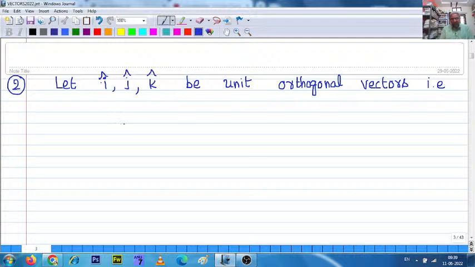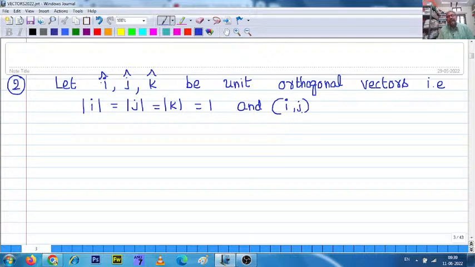Being unit vectors, modulus of i is equal to modulus of j is equal to modulus of k is equal to 1 unit, and also the angle between i comma j is equal to angle between j comma k and angle between k comma i is equal to 90 degrees. Orthogonal means they are mutually perpendicular to one another. So then what do we have?